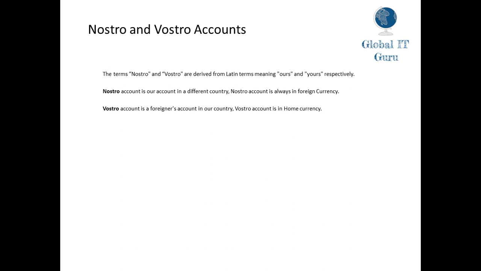What does nostro account mean? A nostro account is our account in a different country, and a nostro account is always in a foreign country. A vostro account is a foreigner's account in our country, and a vostro account will always be in home currency. So this is the concept of vostro and nostro accounts.